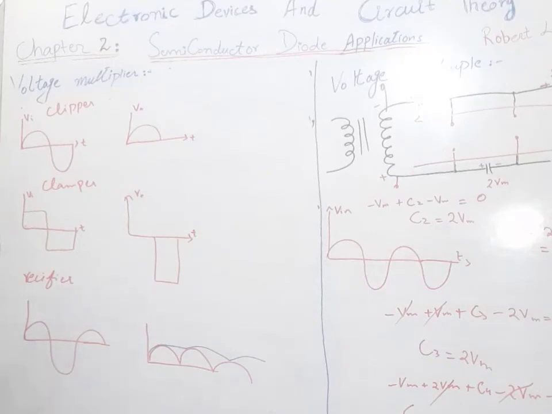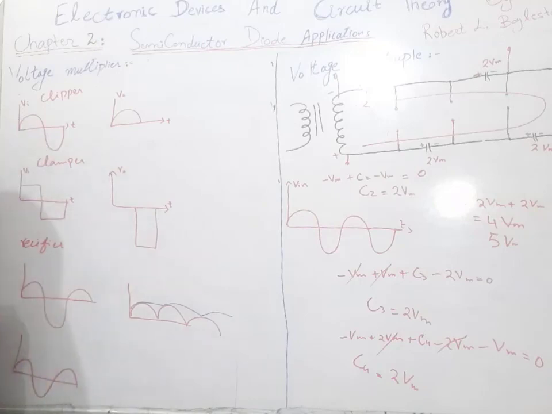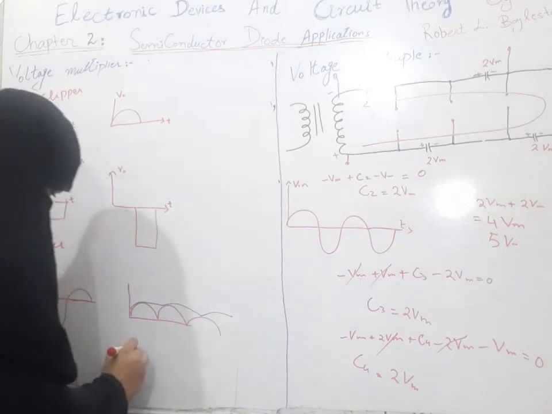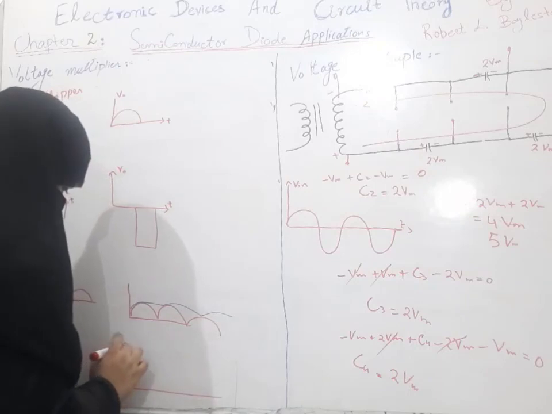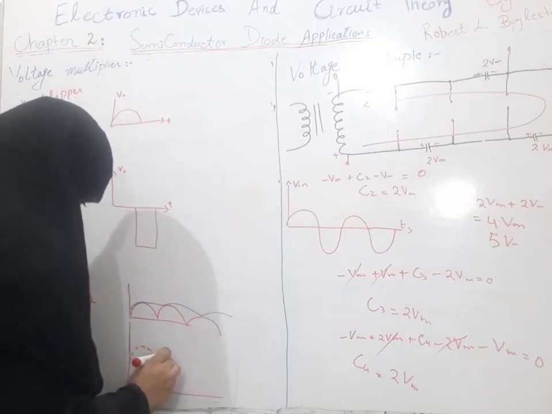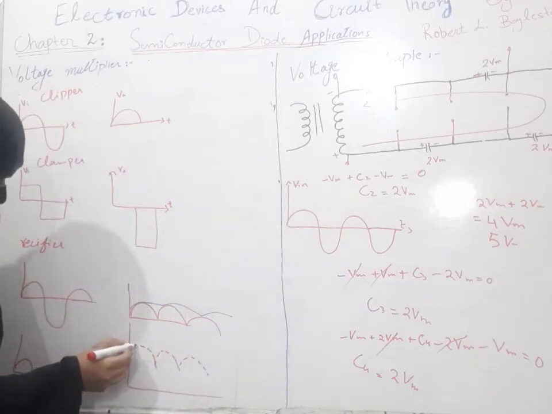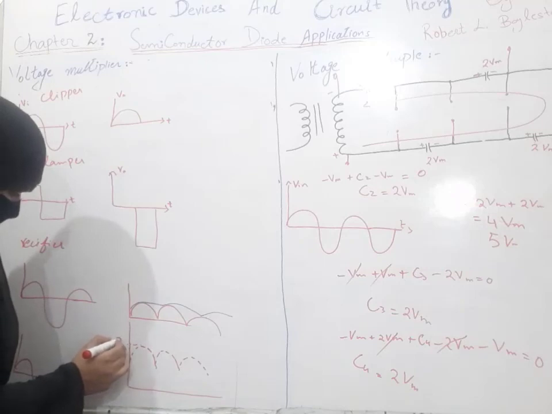Now what does the voltage multiplier do? So this is our input signal, and the voltage multiplier will multiply the input signal by an integer number.